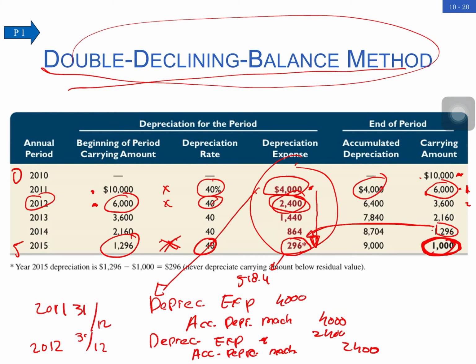You just write 296 here, so that here will be 9,000 and here will be 1,000. Okay, for the double declining balance method, this is what you have to remember when you calculate the depreciation expense at the final year of the machine.